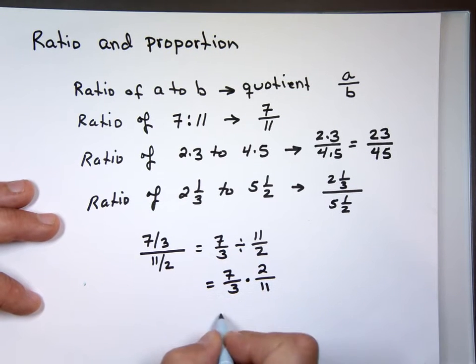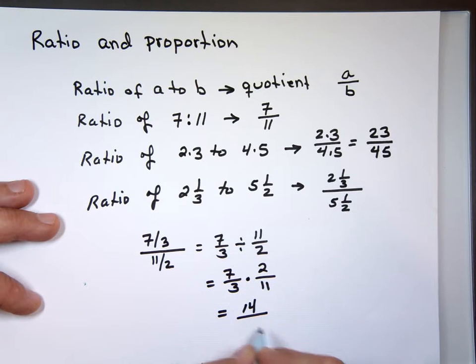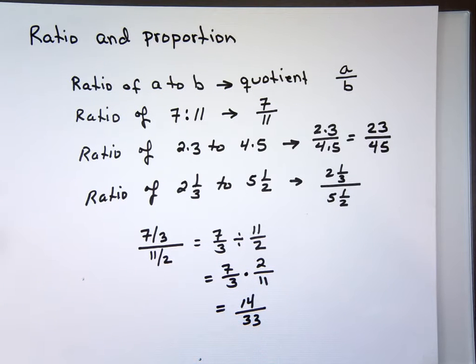And when you multiply, what's 2 times 7? 14. What's 3 times 11? 33. So this is 14 to 33. So that's what ratios are.